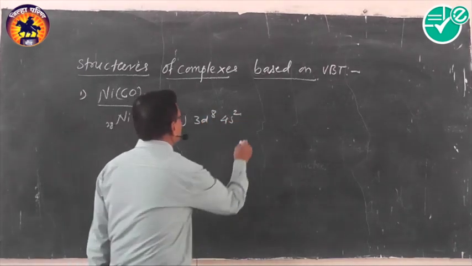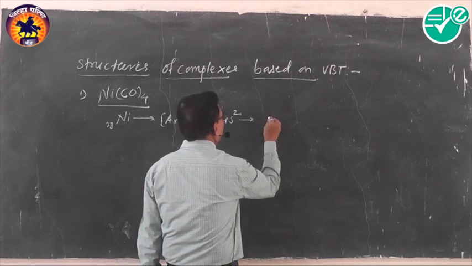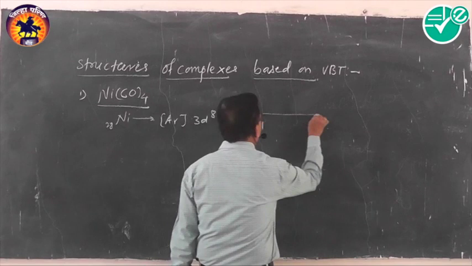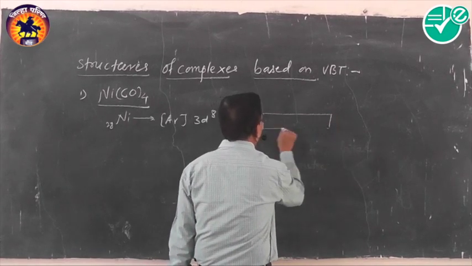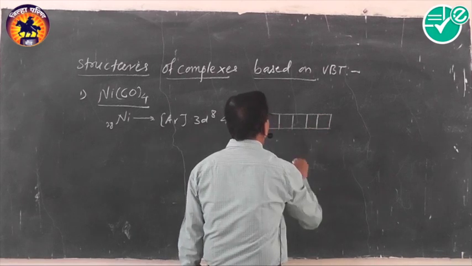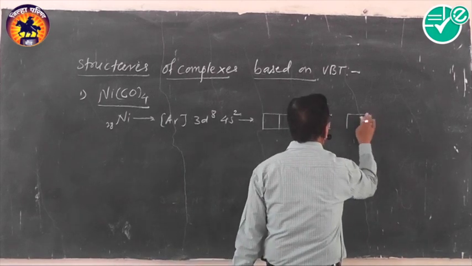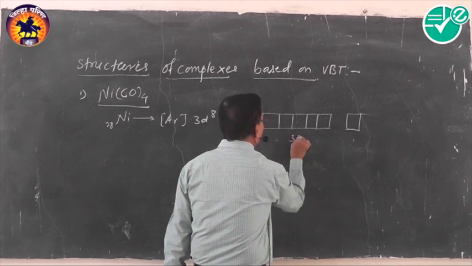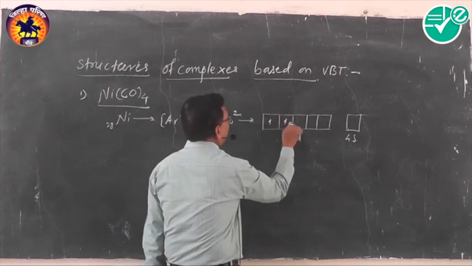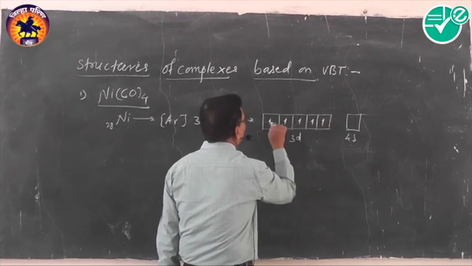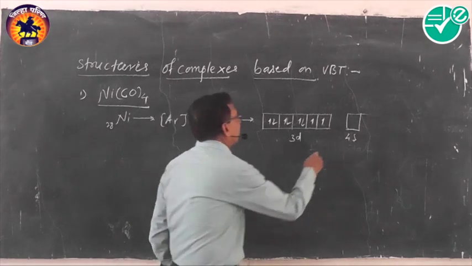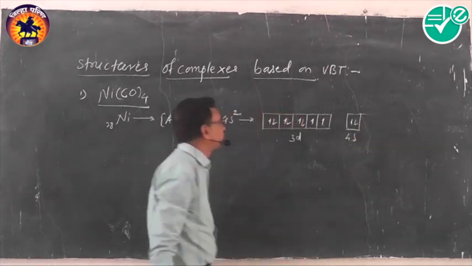It may be written as 3d8 and this is 4s2. This is 3d and 4s. So number of electrons are 1, 2, 3, 4, 5, 6, 7, 8. Pairing is there. And 4s contains 2 electrons.